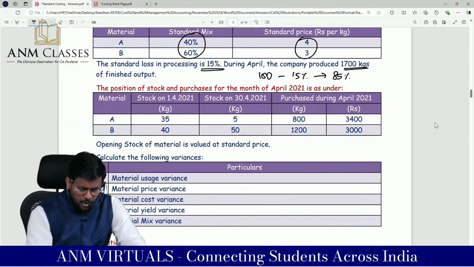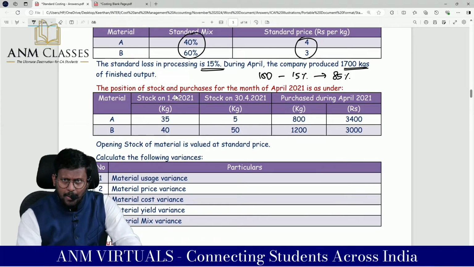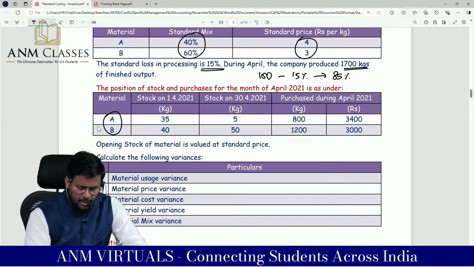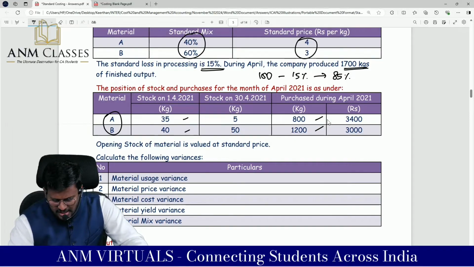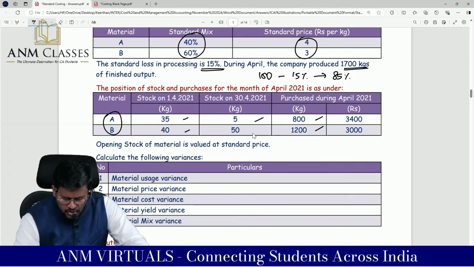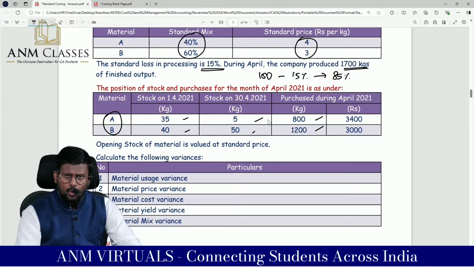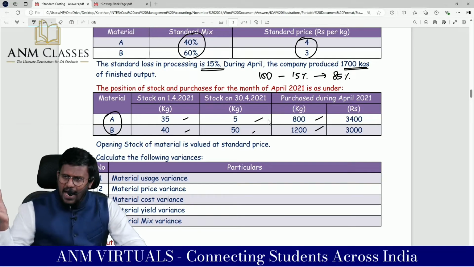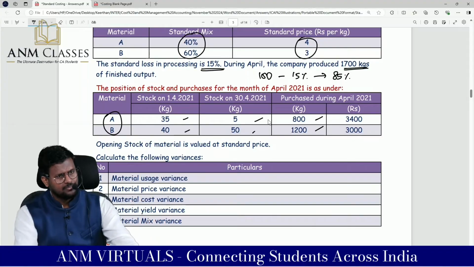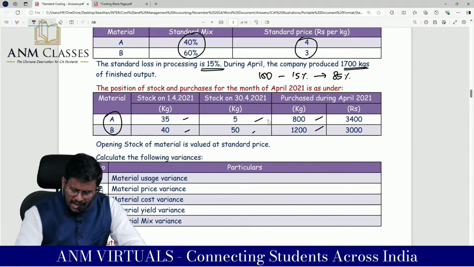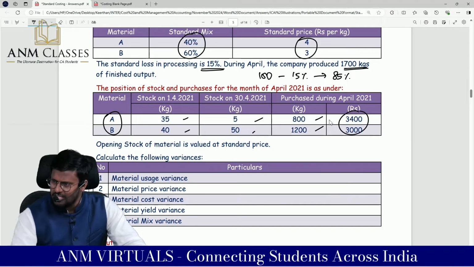Position of stock and purchases for the month is as under. Material A and material B, opening stock has been given, purchases in kg has been given, closing stock has been given. We know that opening stock add purchases minus closing stock, we will get the consumption. Correct? And the actual price has been given.